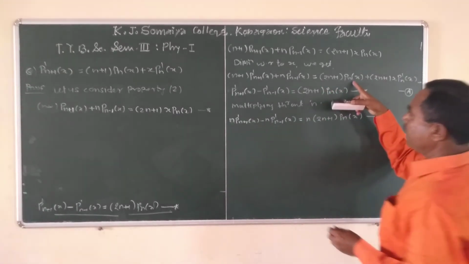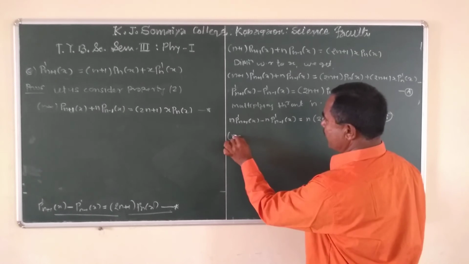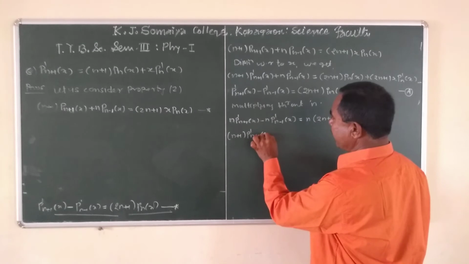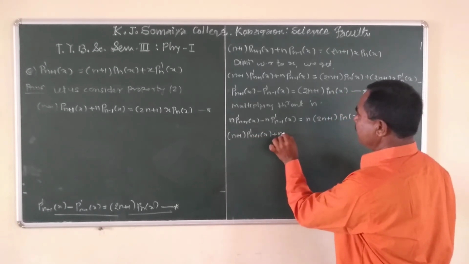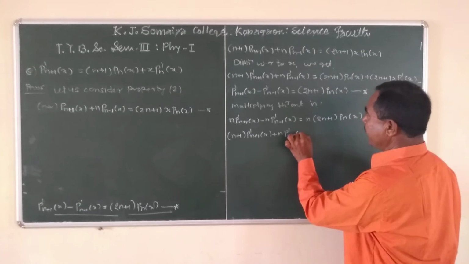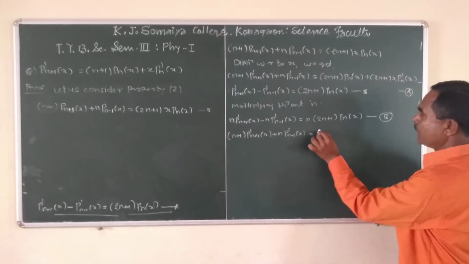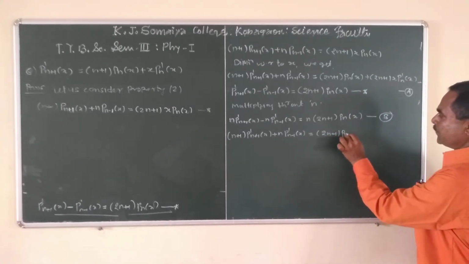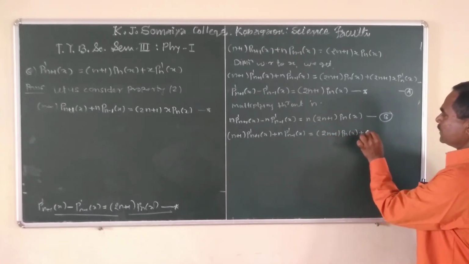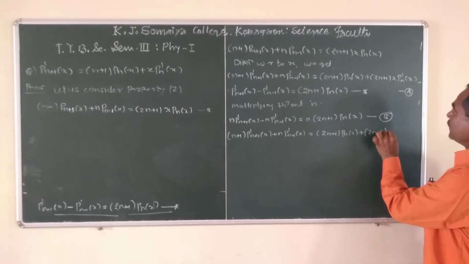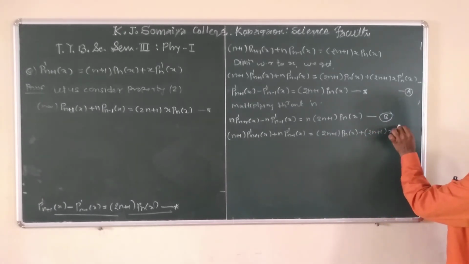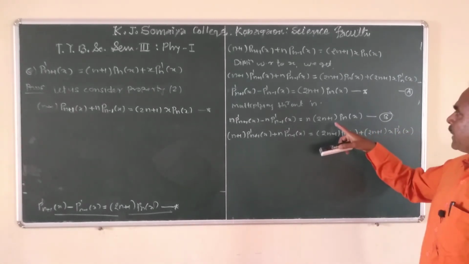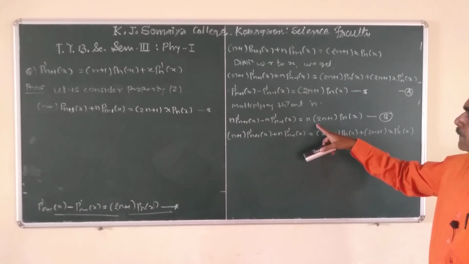This is equation A: (n+1) P'_{n+1}(x) + n P'_{n−1}(x) = (2n+1) P_n(x) + (2n+1) x P'_n(x), and this is equation B: n P'_{n+1}(x) − n P'_{n−1}(x) = n (2n+1) P_n(x).